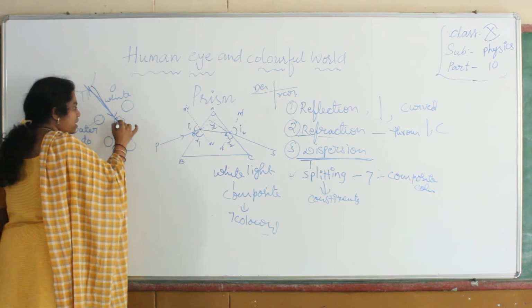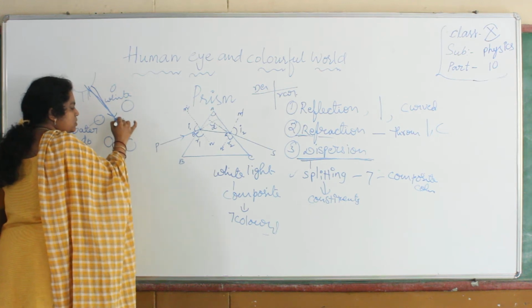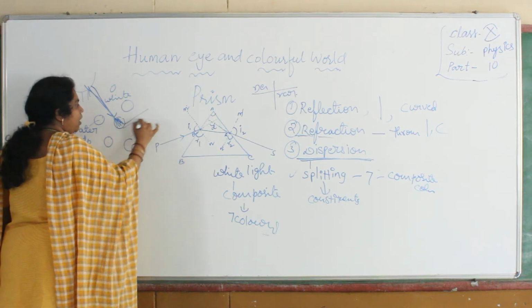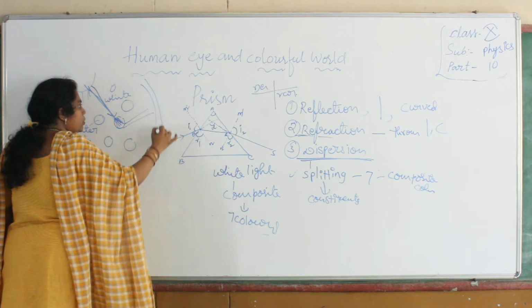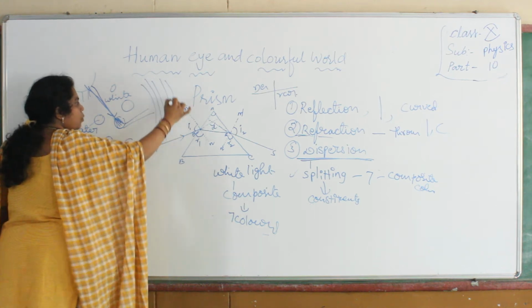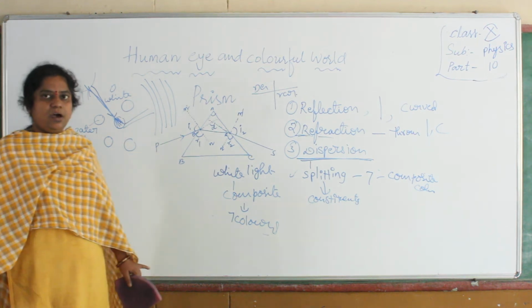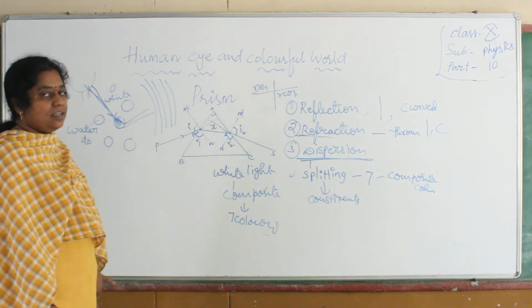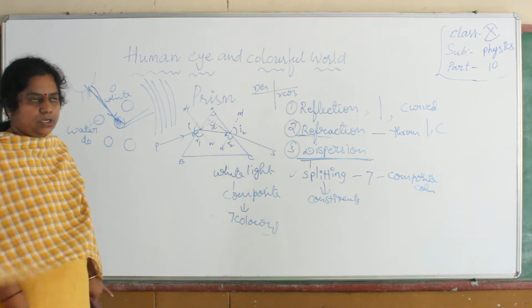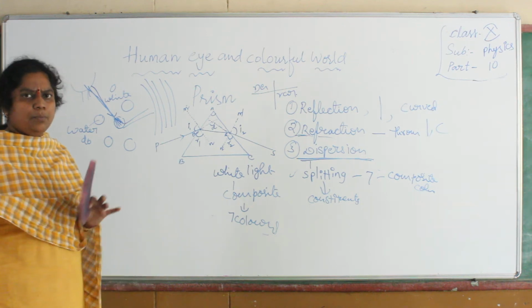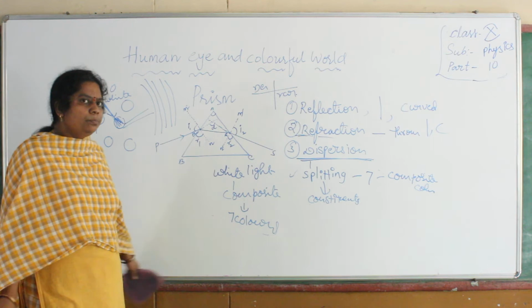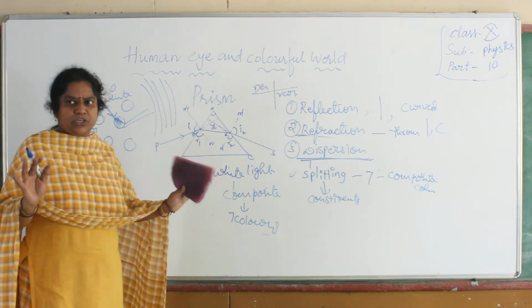When it enters it, it will split into 7 colors, and on the opposite end, you will see the rainbow, which is a combination of 7 colors. That phenomenon is called dispersion. We will discuss the rainbow later. First, let me tell you what dispersion is.